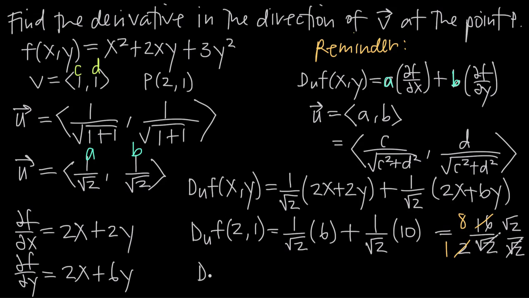So we can say d sub u of f of 2, 1 is going to be equal to just 8 root 2, because the 1 in the denominator is redundant. So 8 root 2, that value right there, is the derivative of the function f of x y in the direction of this unit vector u, or the vector v, at the particular point p, 2, 1.